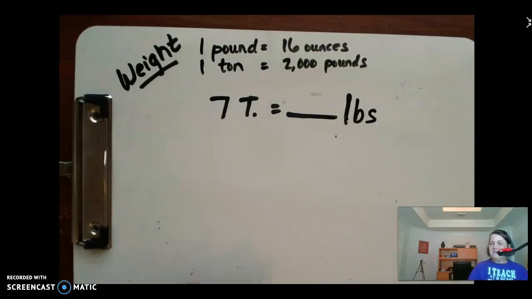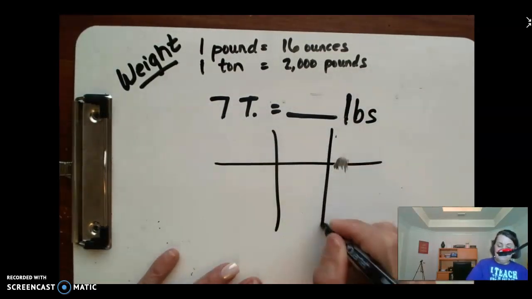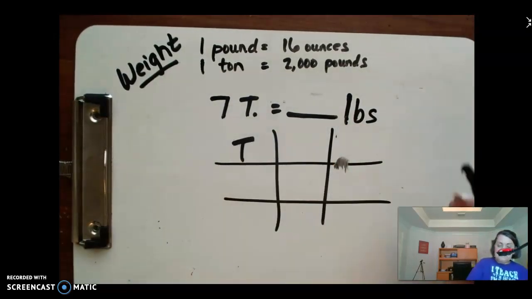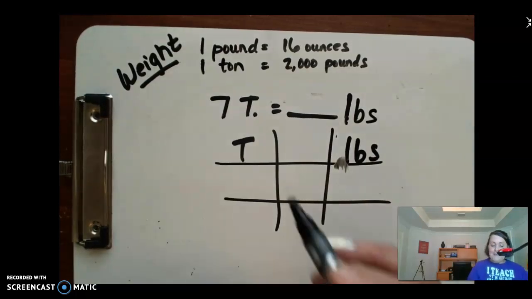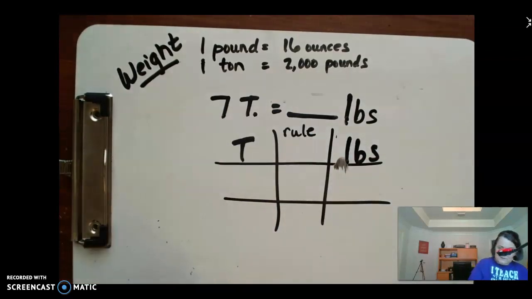All right, now that you have attempted to do this on your own, let's see. You should have made a tic-tac-toe. You got that, boys and girls? Check. Okay. Did you do your labels next? Hopefully you put a T here and your pounds here. Okay. And then you probably wrote rule up here, which is just fine.